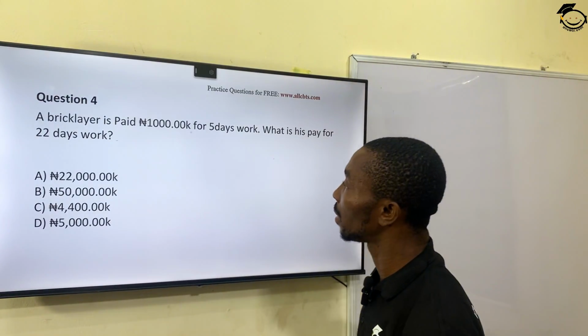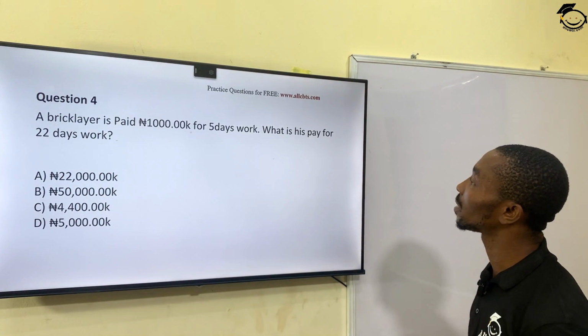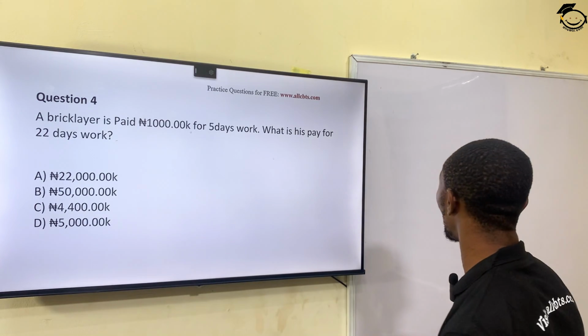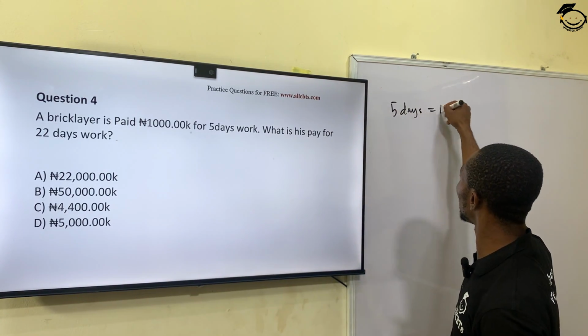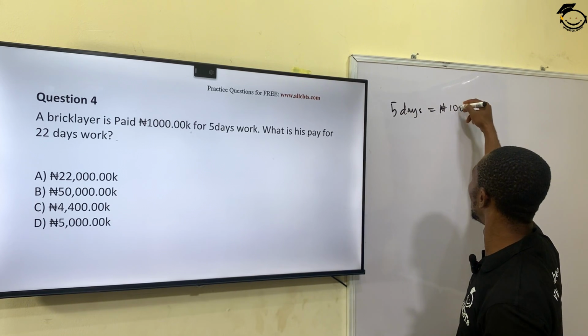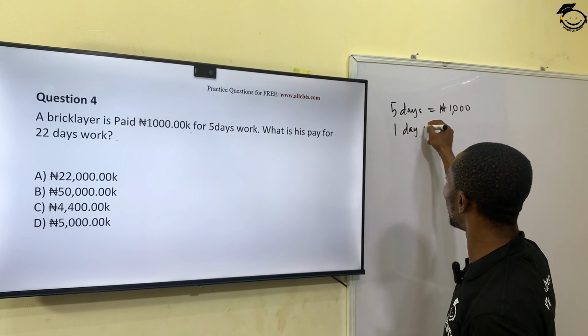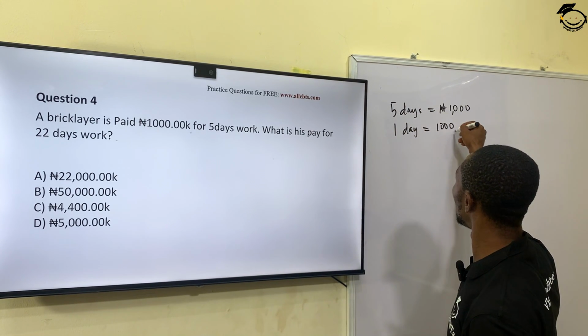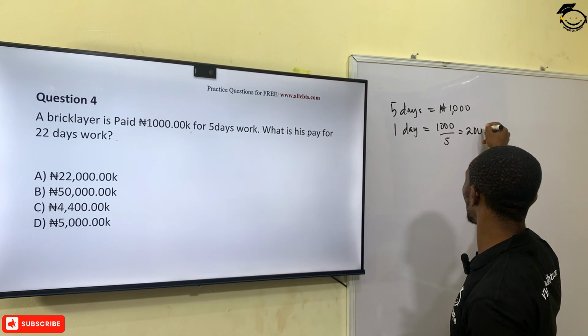A bricklayer is paid 1,000 naira for 5 days work. What is his pay for 22 days work? Now, for 5 days, he's paid 1,000 naira. What would be his pay for 1 day? For 1 day will be 1,000 divided by 5, which gives us 200.